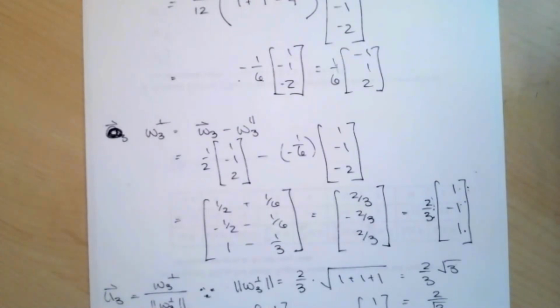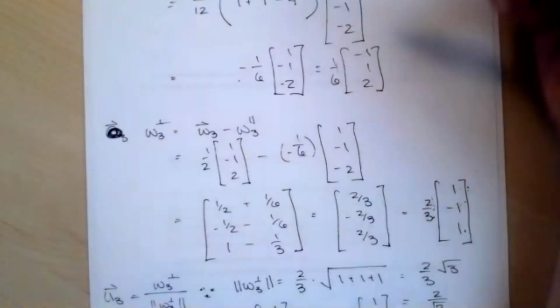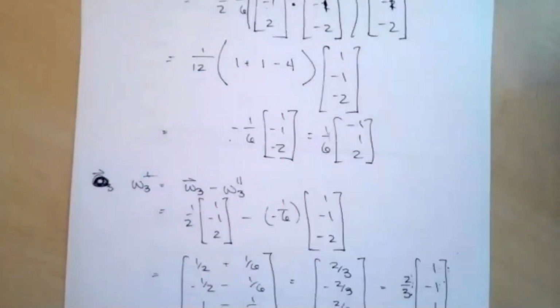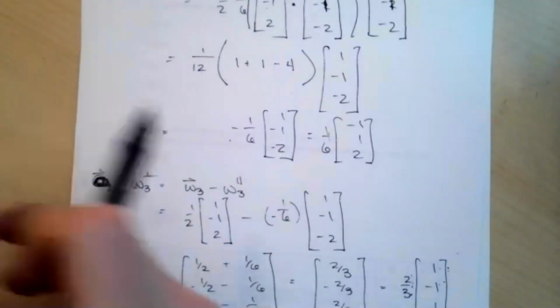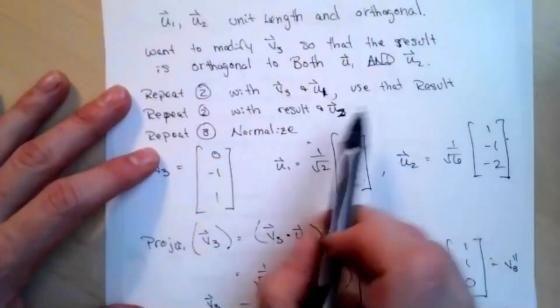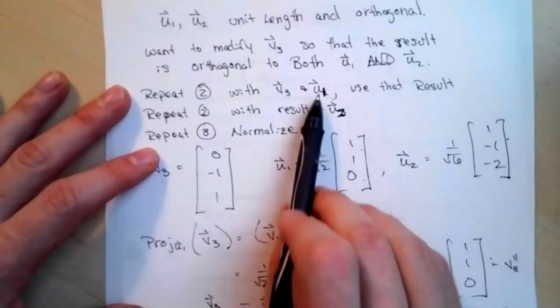The other thing we could have done, instead of taking w3 here, is a different way to work the same process. When we get to our third vector, we need the component of our third vector that is orthogonal to both u1 and u2.